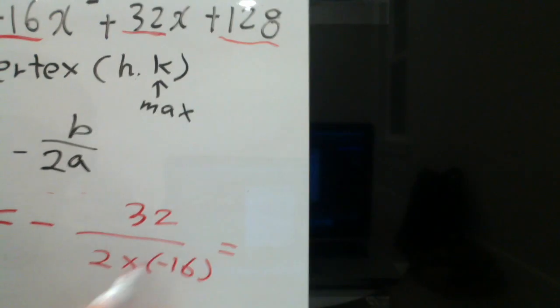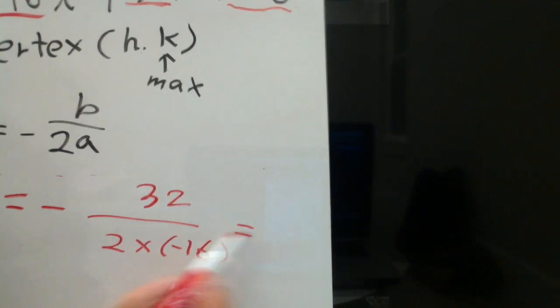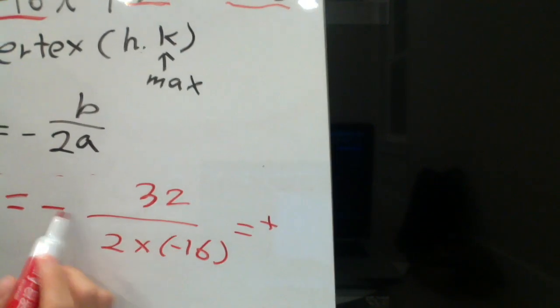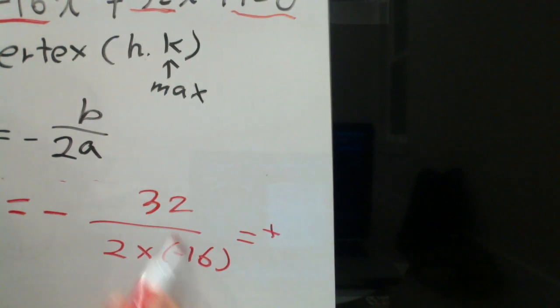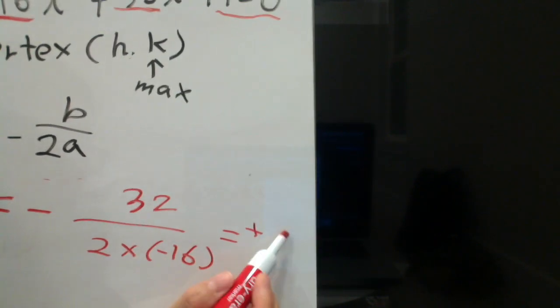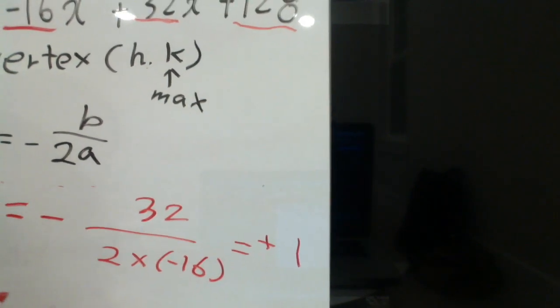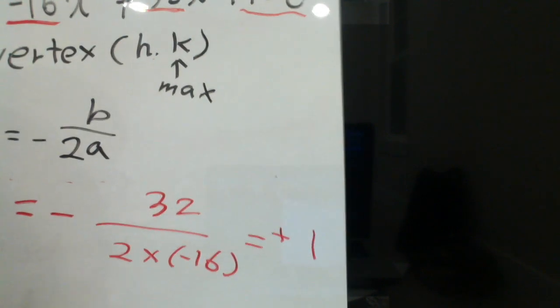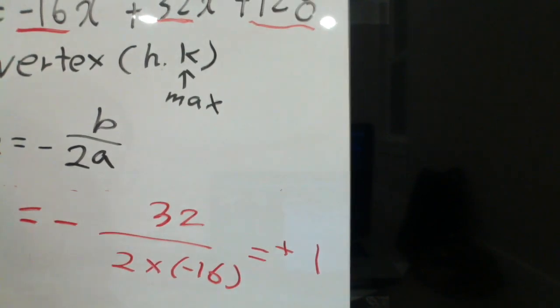So negative negative will make plus. 2 times 16 is 32, right? So H is 1.